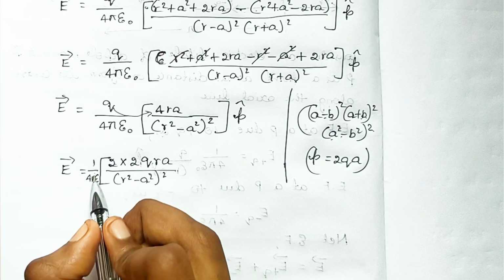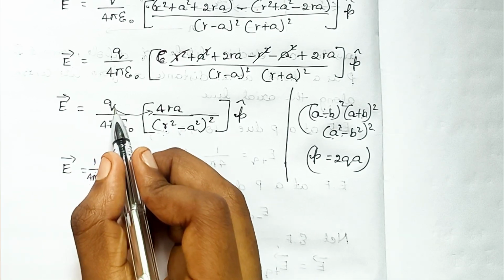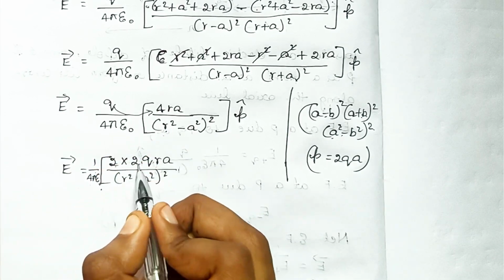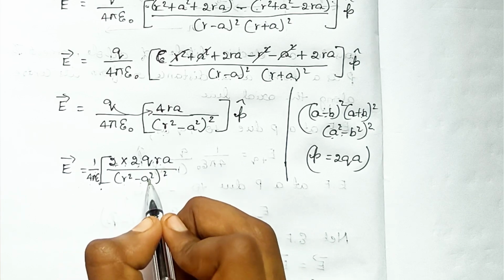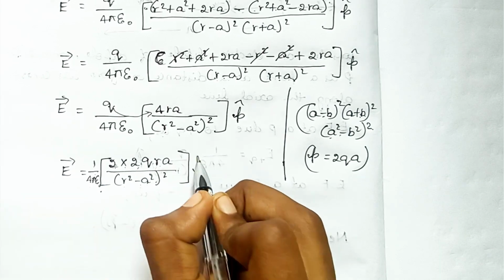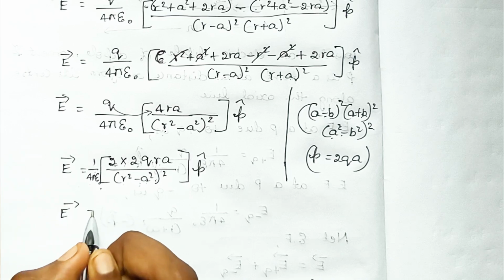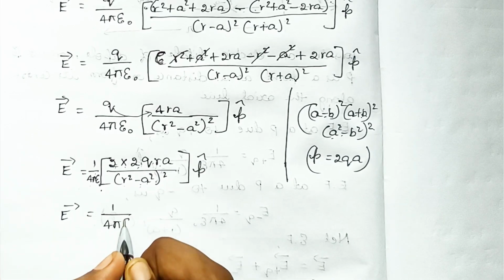We multiplied this q inside, so I will split this 4 and write 2 into 2qra divided by (r square minus a square) whole square into P cap. Again E vector is equal to 1 by 4 pi epsilon naught.